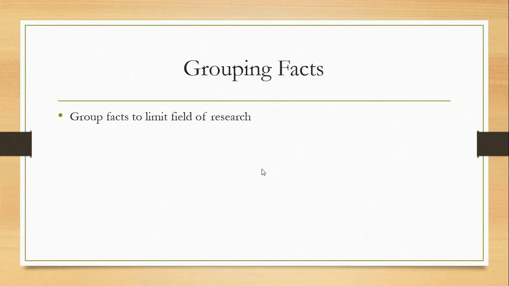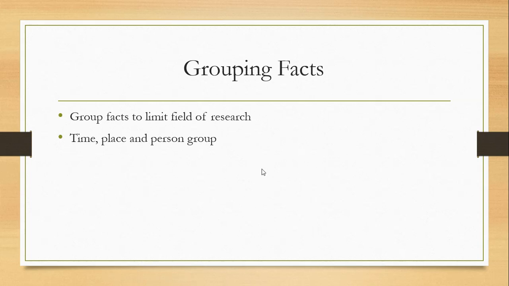When you start grouping and sorting data, it will make your writing easier. It will limit your field of research. You will say, okay, I'm only going to use Maratha and Deccan data. So when you start grouping them, your research becomes much simpler, and you get a concrete way of writing your thesis or paper.